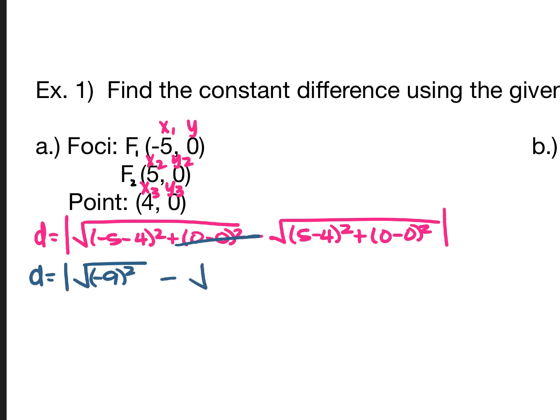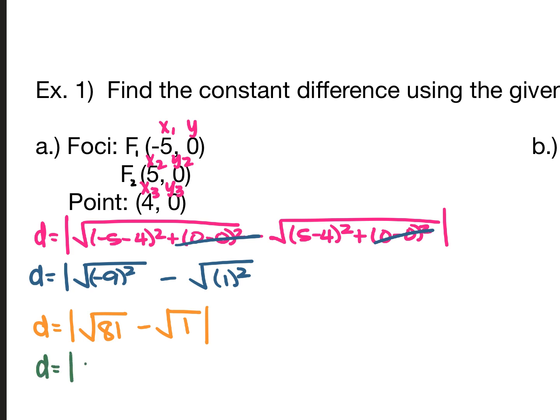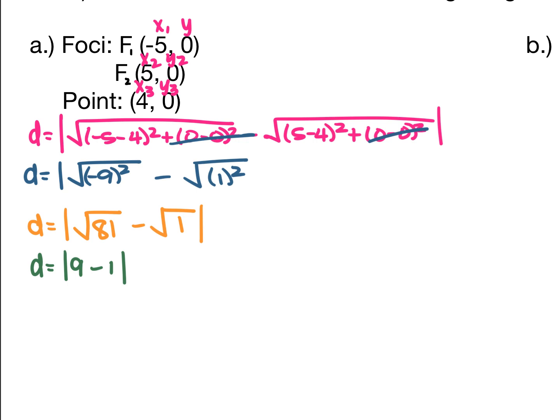Minus the square root of 5 minus 4, which is 1 squared. And then that 0 minus 0 squared, we can cancel it out. From here, we're going to have the absolute value of the square root of 81 minus the square root of 1. The square root of 81 is 9. The square root of 1 is 1. So that becomes the absolute value of 9 minus 1, which is the absolute value of 8, which means that your constant difference is just 8.